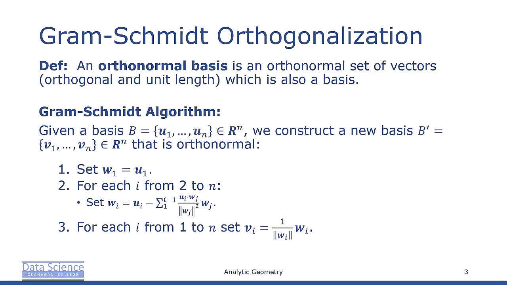This gives us a complete set of orthogonal vectors w1 through wn. From here, we can construct our vi set by simply taking our wi's and dividing them by the length of wi to come up with the unit length set of vectors v1 through vn.